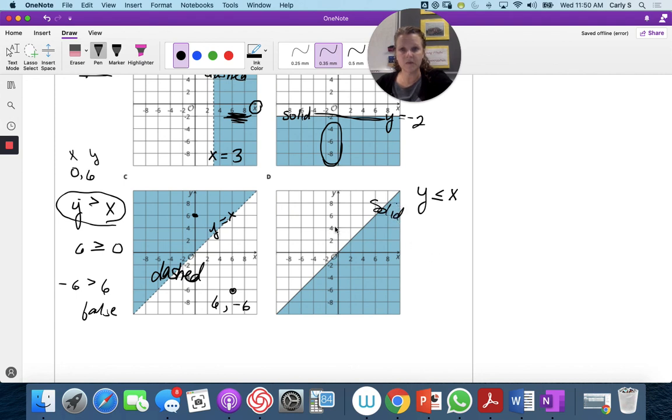And let's test a point. We can test this point, 0, 6. 6 less than or equal to 0 is false. And that's fine because it's not in the solution. And then test this point, 6, -6. Is -6 smaller than or equal to 6? That is true. So that needs to be in the solution.